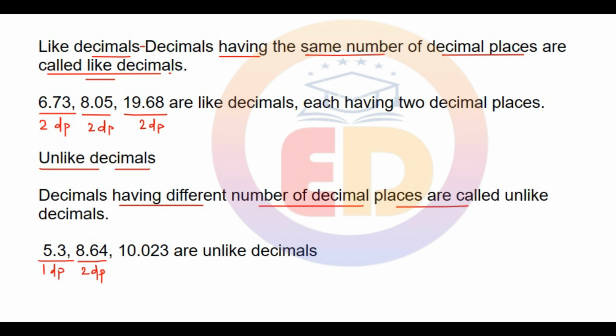And the third decimal number, 10.023, has 3 decimal places. Since all these 3 decimal numbers have different decimal places, namely 1, 2 and 3 decimal places, we will call them unlike decimals. So same decimal places, like decimals; different decimal places, unlike decimals.